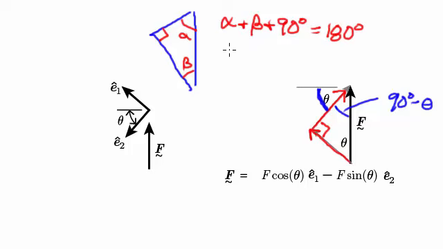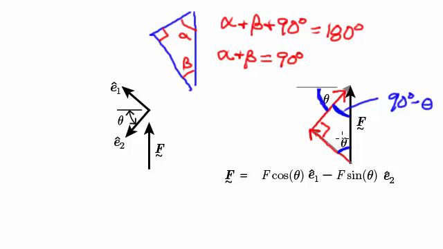Bring the 90 to the other side. That means alpha plus beta for my right triangle have to add up to 90 degrees. So if this angle right here is 90 degrees minus theta, then this angle right here has to be theta if these two angles are going to add up to 90 degrees. So therefore, I've identified that interior angle of my triangle as theta right down here.